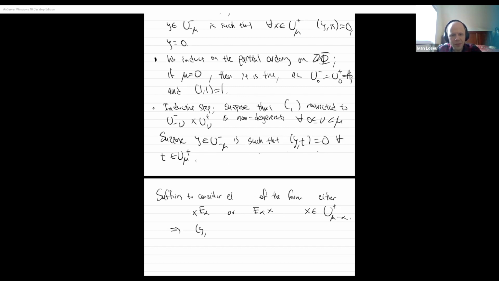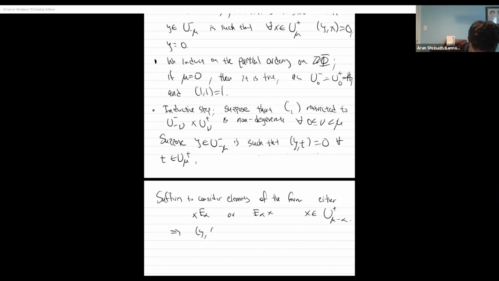If we can arrive at a contradiction, this will be sufficient. Okay, so we have the following statement. And then, of course, at the end of the day, it will happen that such elements span u plus mu. Since e alpha raises the degree by alpha, this x e alpha will be in u plus mu, and as will e alpha x, and in any case, y will annihilate it in the pairing.